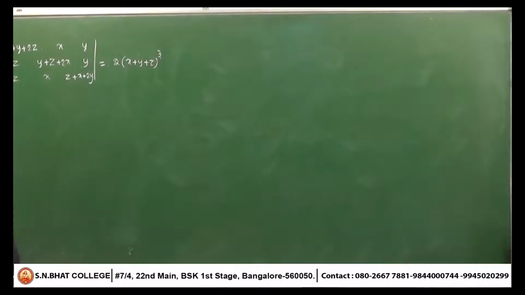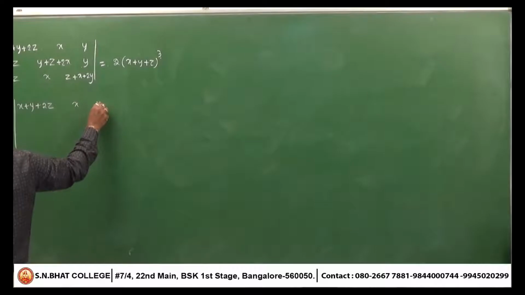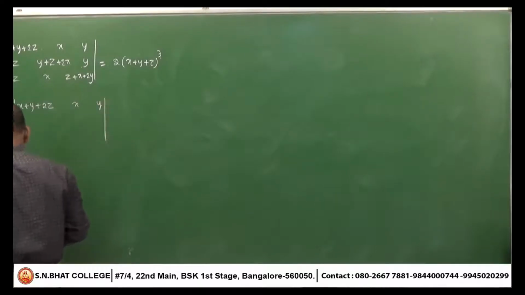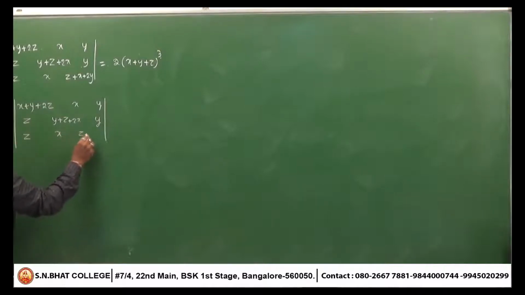First you write the left hand side determinant. Left hand side is the determinant of x plus y plus 2z, x, y; z, y plus z plus 2x, y; z, x, z plus x plus 2y.